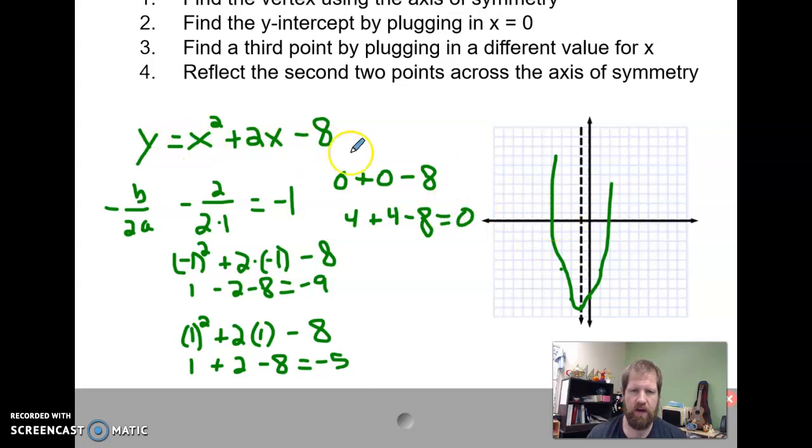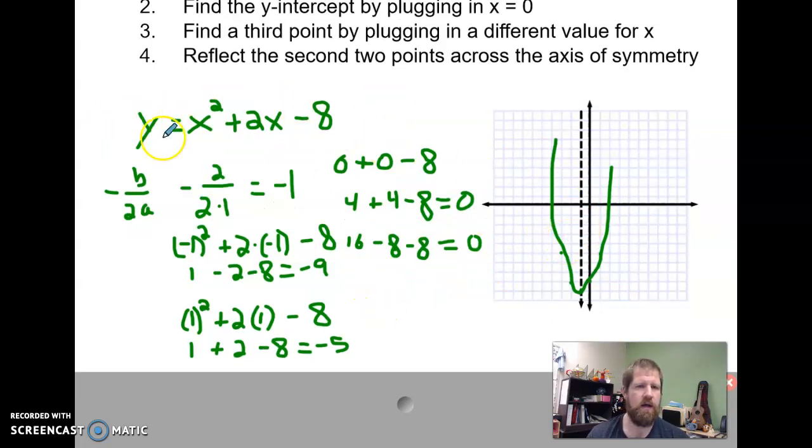Or -4: -4 squared would be 16, plus -4 times 2 would be -8, and then minus another 8. Well, 16 minus 8 is also 0. So I've got my zeros. I've got my solution. The solutions for this quadratic equation are -4 and 2.